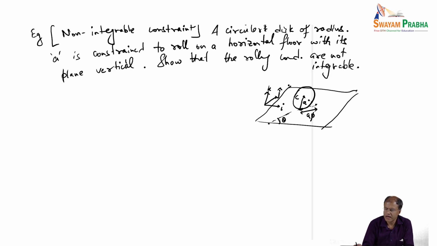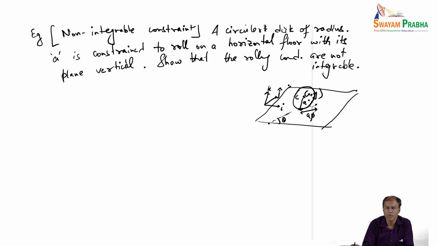Basically this diagram shows us that there are 4 degrees of freedom. 2 degrees of freedom are the coordinates of the center of mass, and the other 2 degrees of freedom are theta and phi.